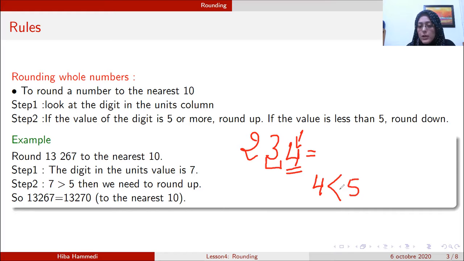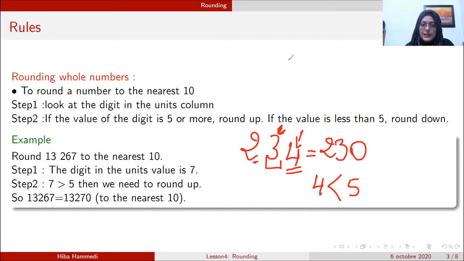So if I want to round this, it should be rounded down, okay? So I will go to the nearest multiple of 10 that is less than this number, right? So I won't do anything to the value of the tens, so I will write it like that. And as I said, I will ignore this value here, so it will go as 0, right?